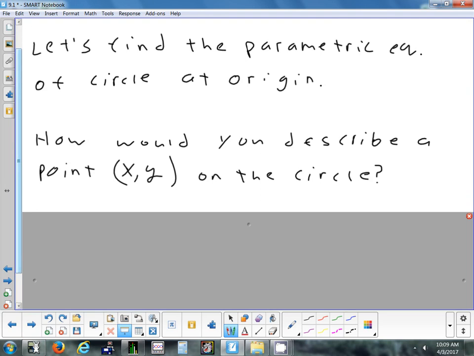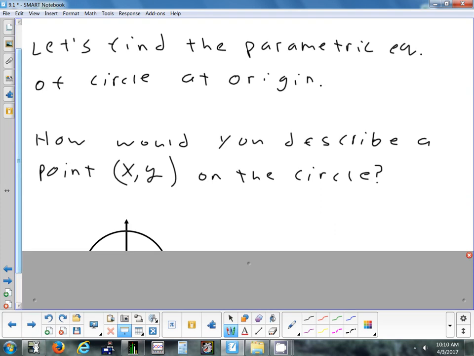What's different when you think about an xy coordinate parametrically versus thinking about it as a function? What's the difference when you write things parametrically? They're separate. You want to think of the x coordinate totally separate from the y coordinate. They have nothing to do with each other.